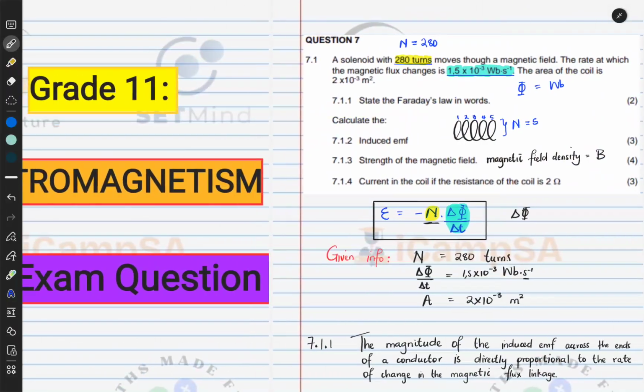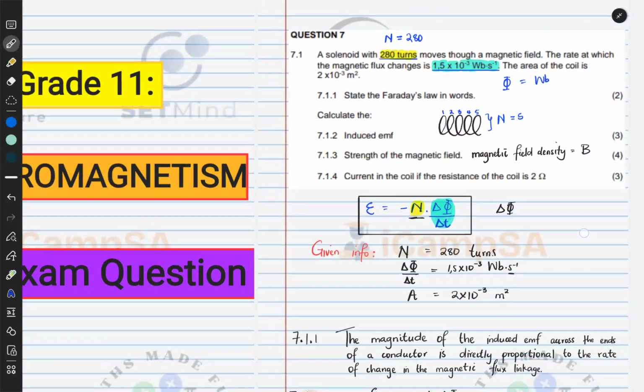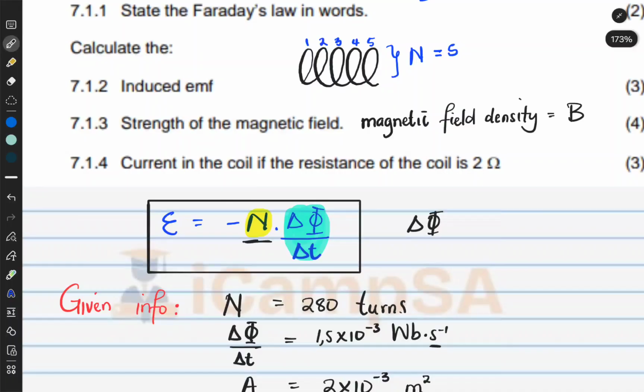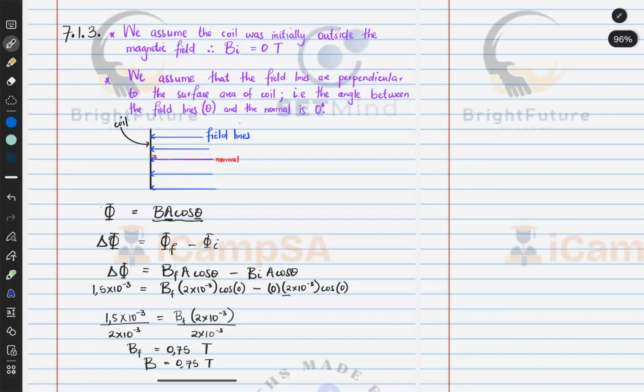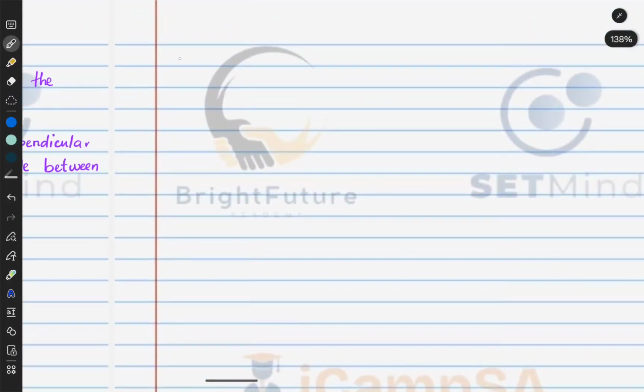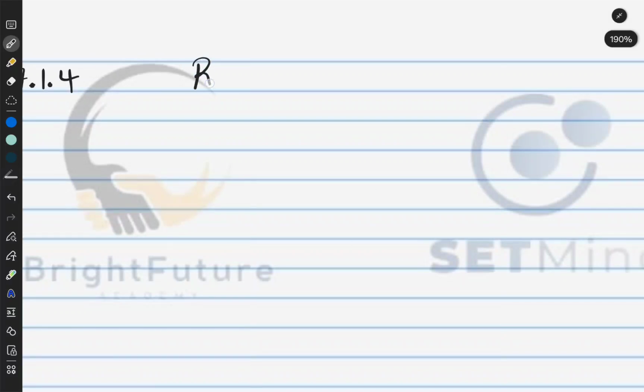Now let's go to 7.1.4. We are asked to find the current in the coil if the resistance of the coil is 2 ohms, right? So we are given R. Remember, EMF is simply voltage, since most people are used to that lingo or terminology, right? So what we're saying here is we are given that R is 2 ohms, right?